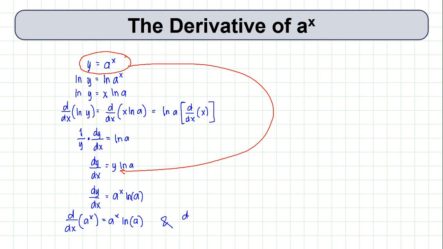And the derivative with respect to x ng a to the u, yung u is a function of x, it is equal to a to the u times ln of a times the derivative of u with respect to x. Let's try using this to this example.